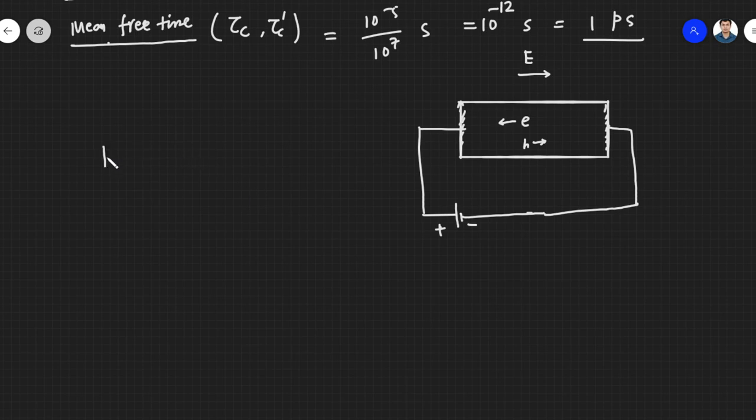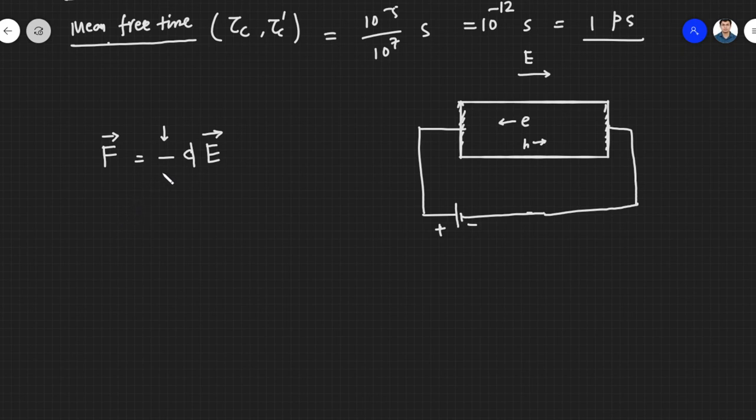The force is nothing but charge times the electric field. For an electron, we consider the charge as minus Q, so the force is minus Q into E. This negative sign tells us that the force it experiences is opposite to the electric field.